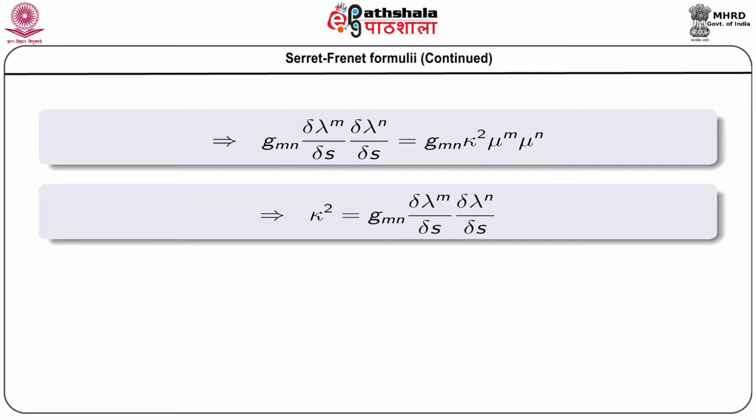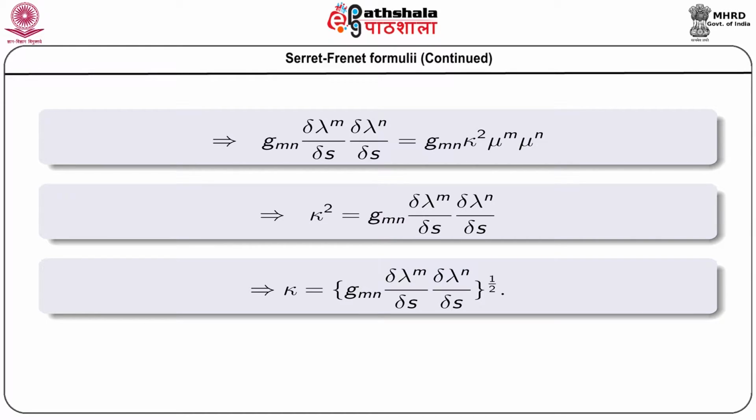Therefore, κ² is equal to g_mn dλ^m/ds dλ^n/ds. That means κ is the square root of g_mn dλ^m/ds dλ^n/ds.